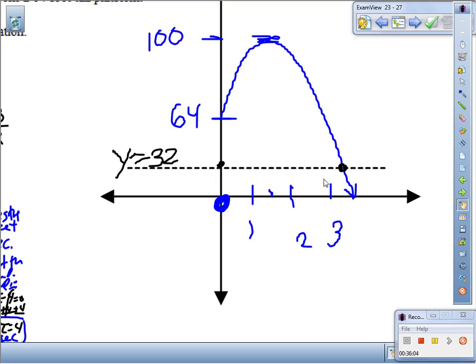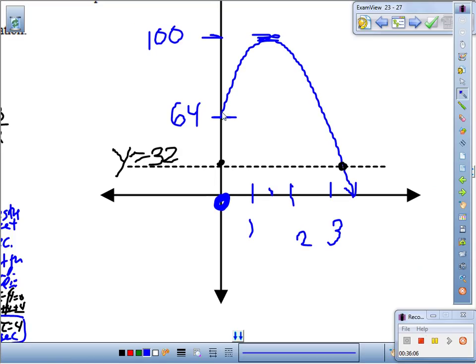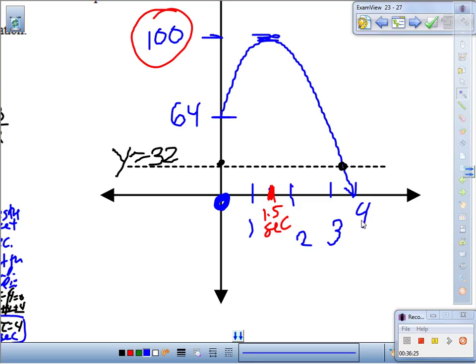The object takes off from the platform and it reaches a maximum height of 100 after 1.5 seconds. Okay, that makes sense. So here's about 1.5 seconds. It hits a maximum height of 100. The object hits the ground over here at 4 seconds, right here.